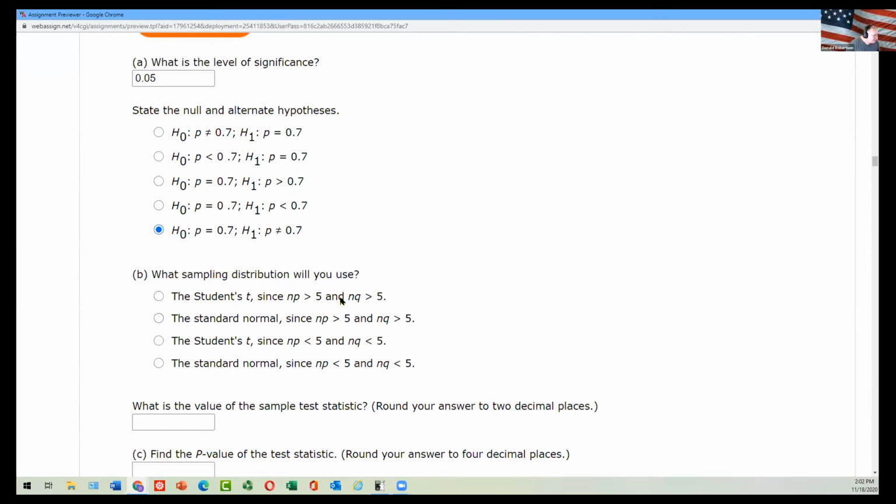Now, the next bit would have been sigma unknown, student t distribution, right? In these ones, it's always standard normal, z-scores. And then they have this funny little thing.